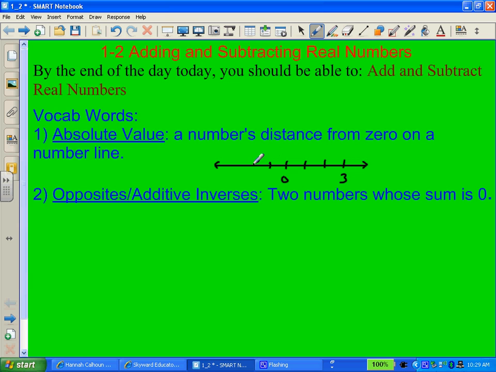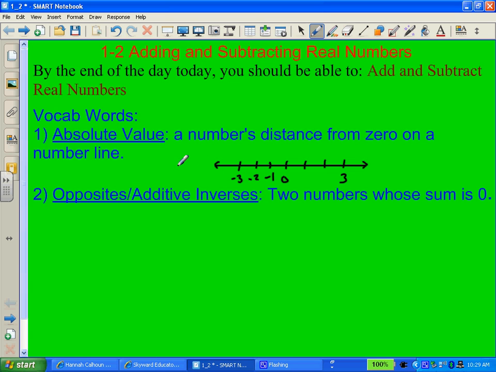Where absolute value really makes a difference is when you get into the negatives. So here we have -1, -2, -3. Now the absolute value of -3 is also 3 because it's 3 units away. Absolute value can never be negative because it's a distance, and distance can't be negative. You wouldn't go out and say you ran -2 miles. That doesn't make sense.